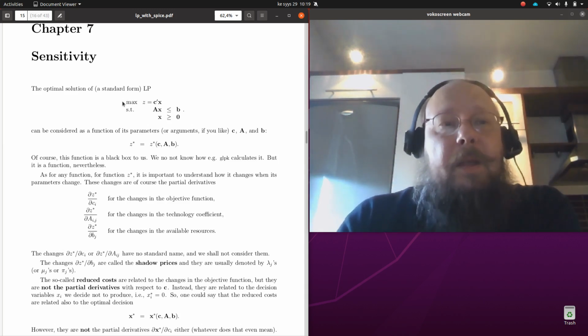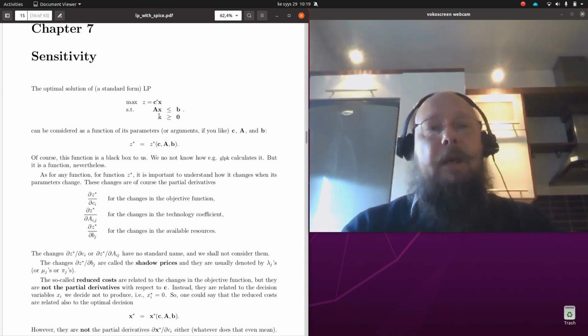For me, a standard form is an LP that is a maximization: maximize Z equals the objective function c transpose x, subject to constraints A times x is less than or equal to b. So in the standard form there are always upper bounds, and then we always have sign constraints: the x's are non-negative.